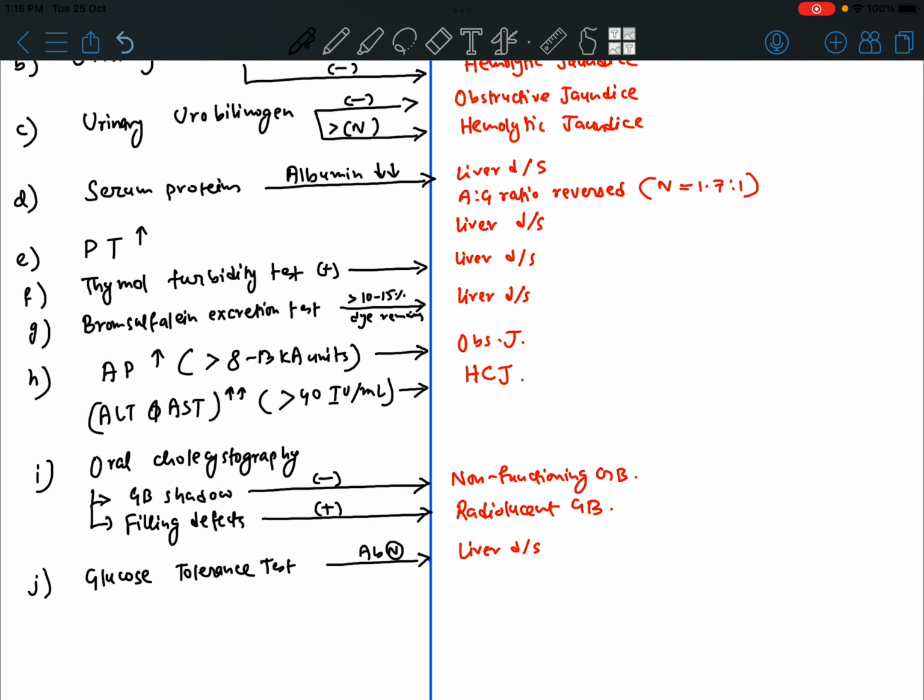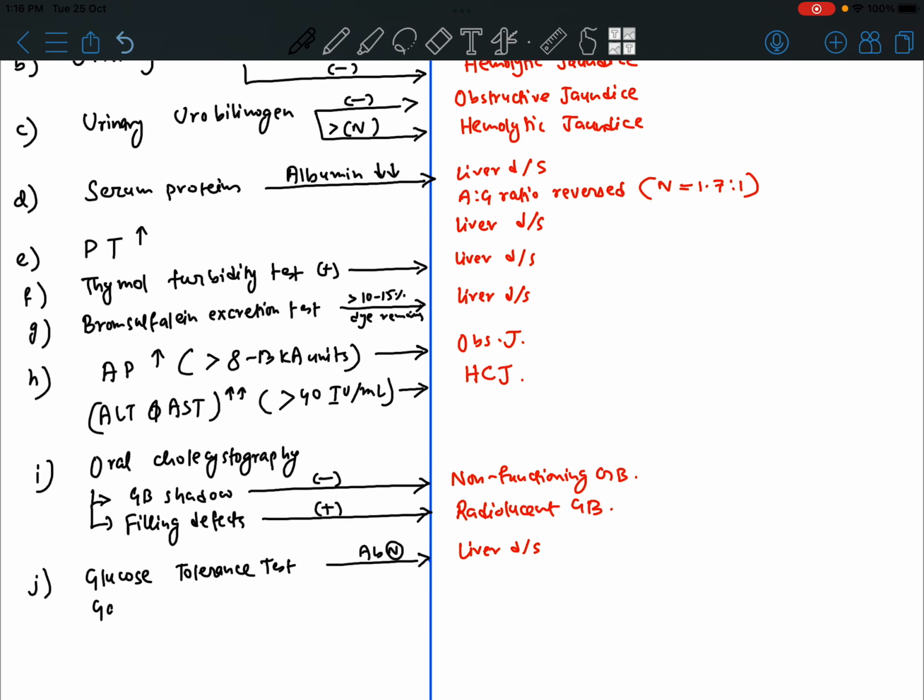Then we have galactose tolerance test. Galactose is generally metabolized in the liver and there is no rise in blood galactose even after ingestion, right? This is in normal liver. But if galactose is no longer metabolized in the liver, its blood level rises. That indicates abnormal liver function.